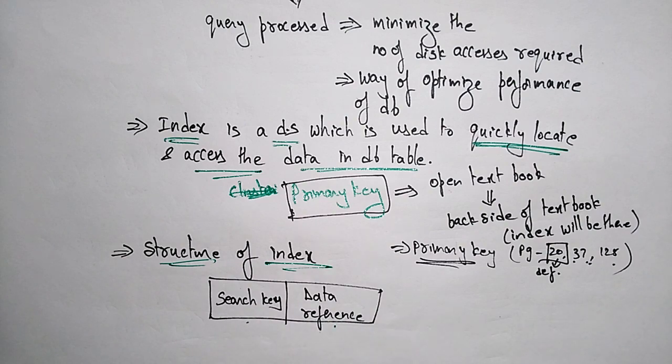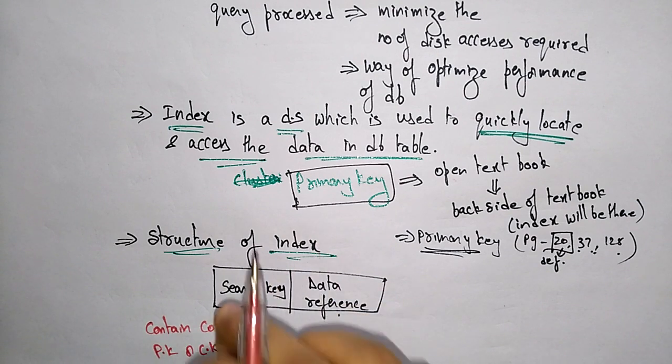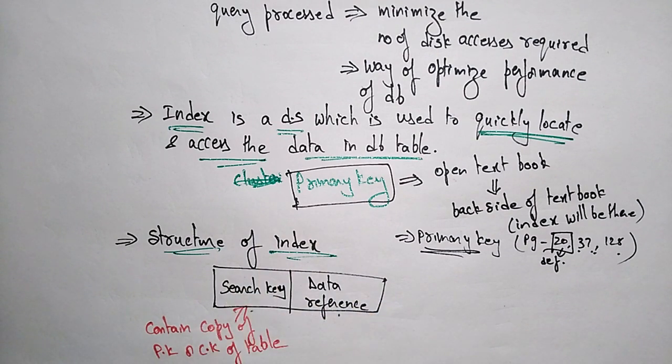So what will the search key do? The search key will contain a copy of the primary key or candidate key of a table. So in a database table, the search key is nothing but maybe a primary key or a candidate key of a table.